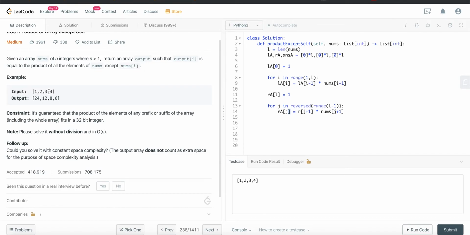If we know the product of all the elements to the right, that will be the value of RA of j plus 1, and we are multiplying that with nums of j plus 1, and we will get the product of all the elements to the right at that current index. And finally, for getting the answer, we are just multiplying the left array and the right array.